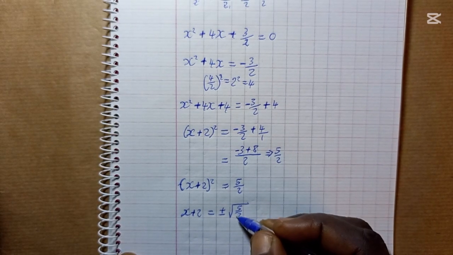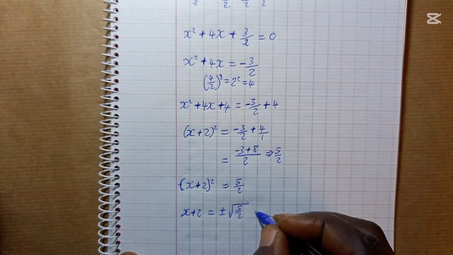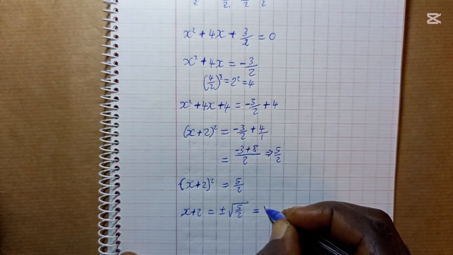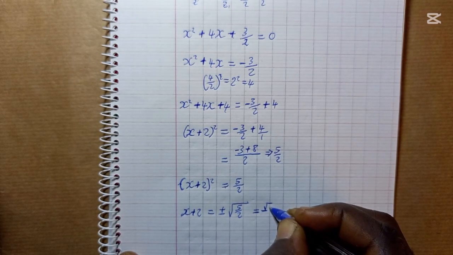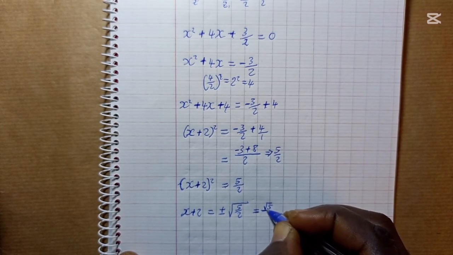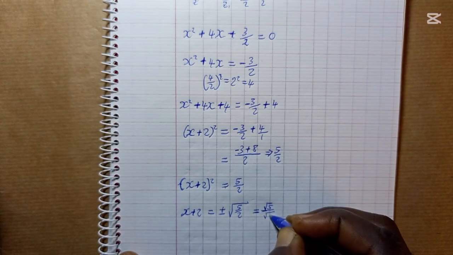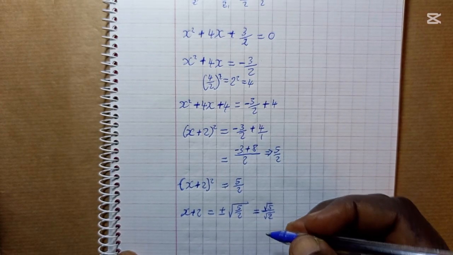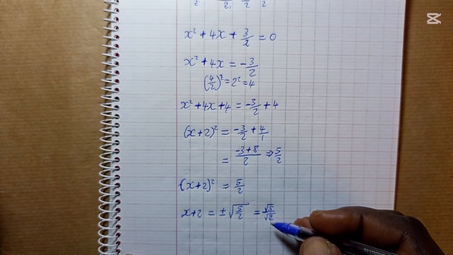Now this square root of 5 over 2 can also be expressed as root 5 over root 2.